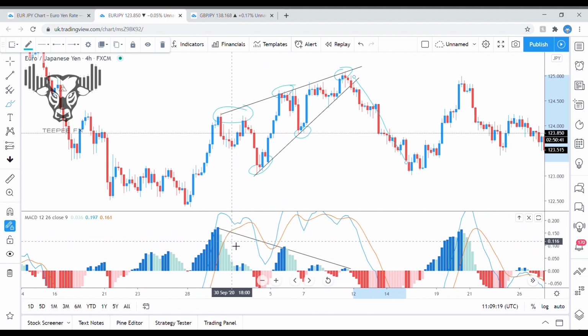And the reason that I cover the histogram first is because I personally give the histogram more weight than I give the MAs. So I do pay attention to divergence across the MAs, but I am more interested in divergence across the histogram. Why is that? The reason for that is simply because the MAs are showing us what we can already see on the chart.